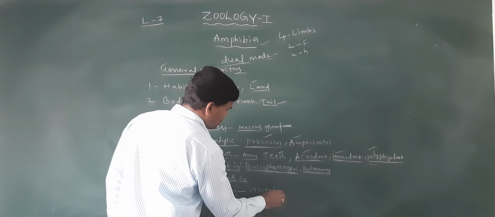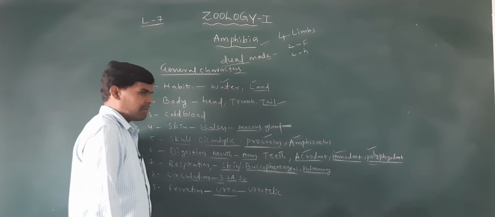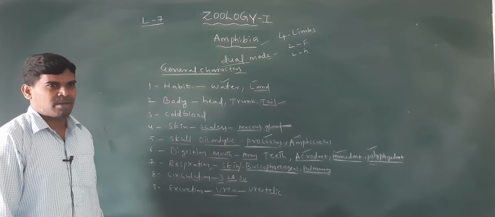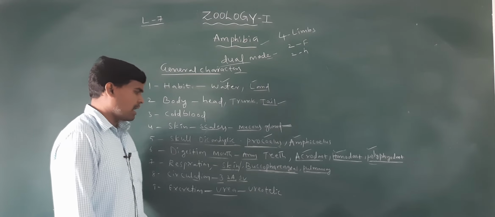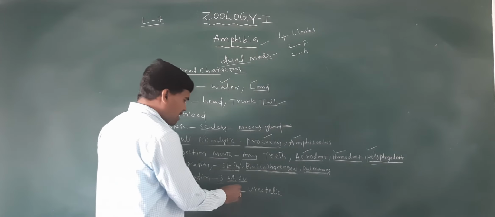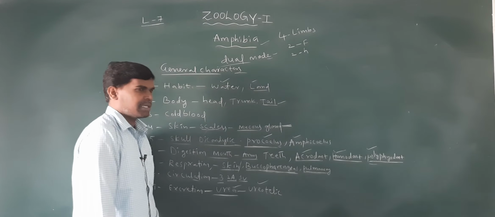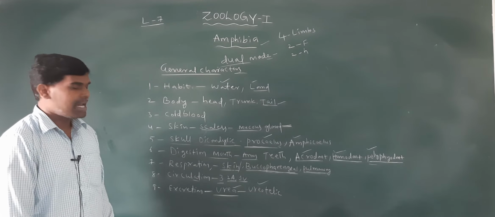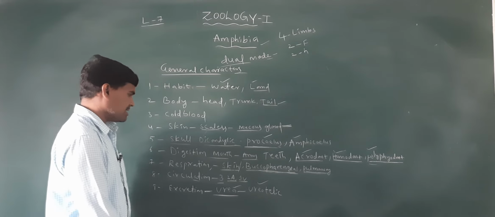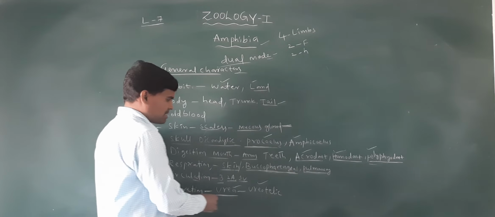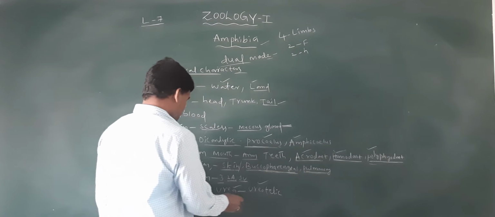What are ureotelic animals? Animals that excrete their nitrogenous waste in the form of urea are called ureotelic, as in terrestrial or land living amphibians. Okay, it's clear.